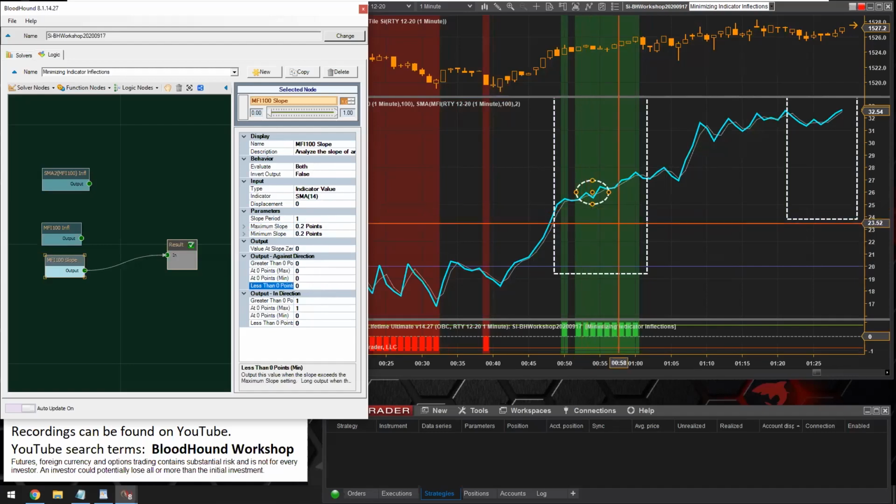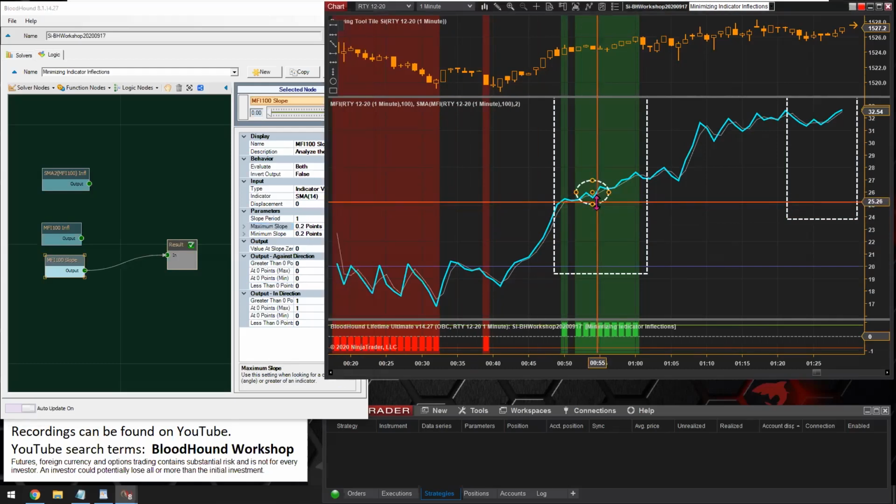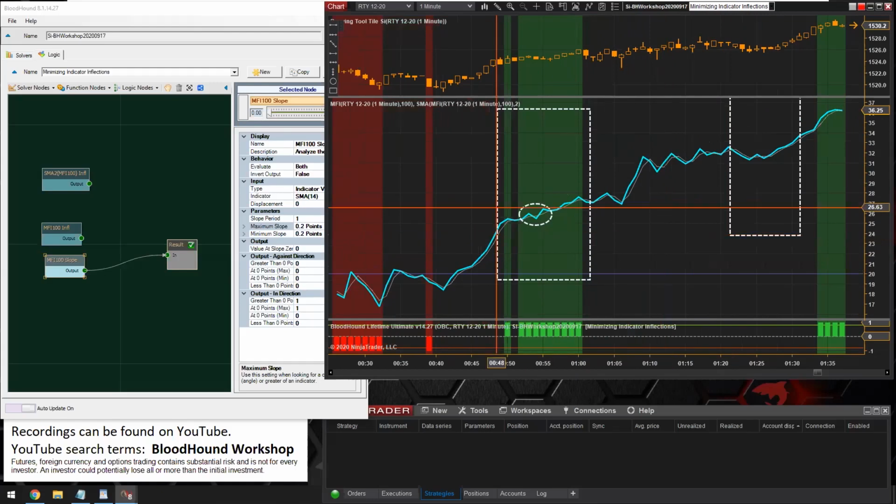Let's see, not quite. But as I'm working through this, trying to get rid of the slope output right in there, and also I'd like to get rid of the slope there, which I have done, right?